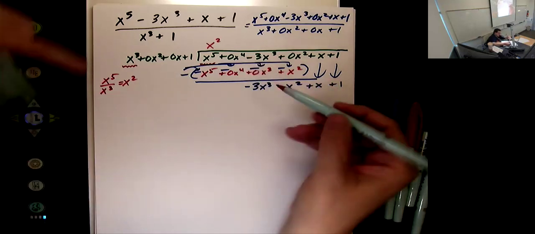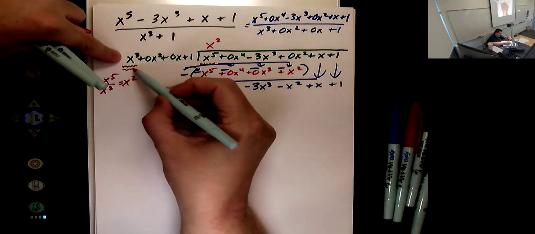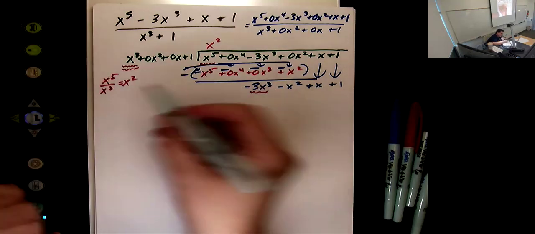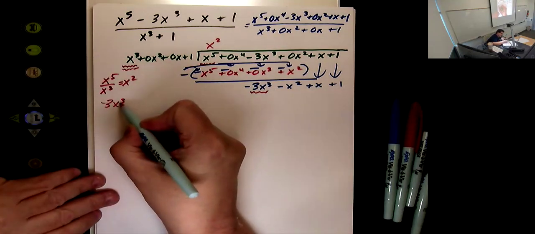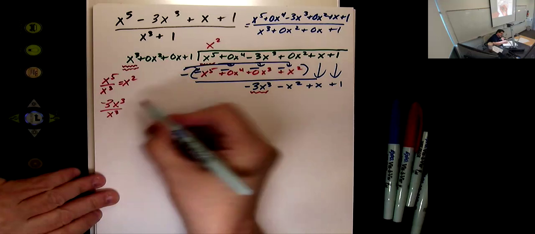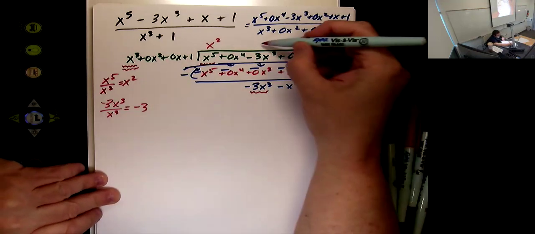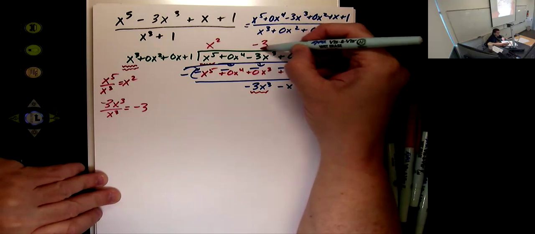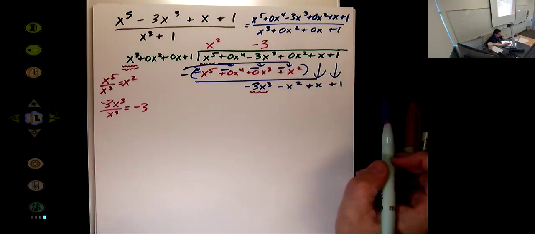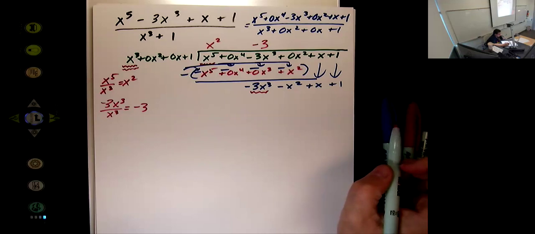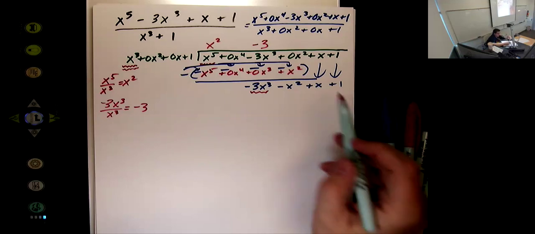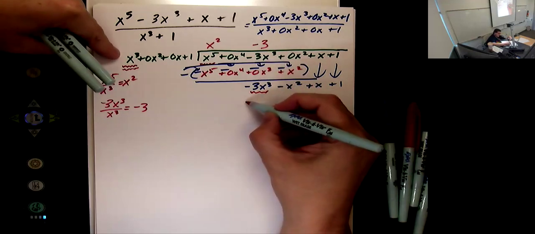Alright, so again, we're doing the outside divided into the inside. Negative 3x cubed over x cubed is negative 3. Take that, we'll multiply that out.